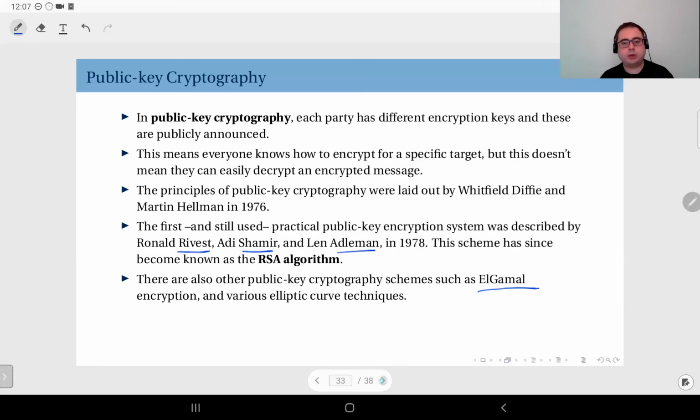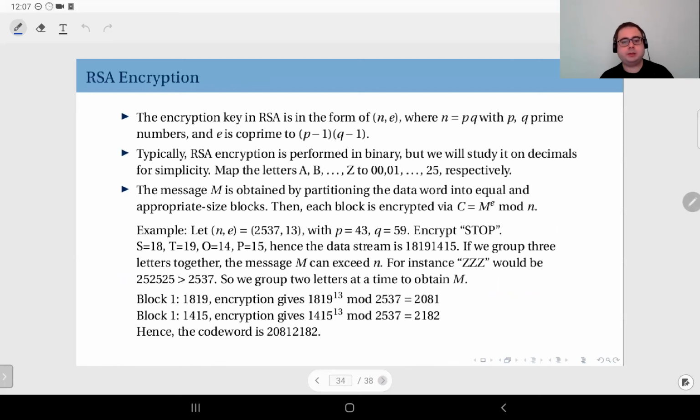First of all, we are going to see how encryption is performed in RSA. The encryption key in RSA is in the form (n, e), a pair of numbers, where n is the product of two prime numbers, p and q, and e is co-prime to (p minus 1) times (q minus 1).